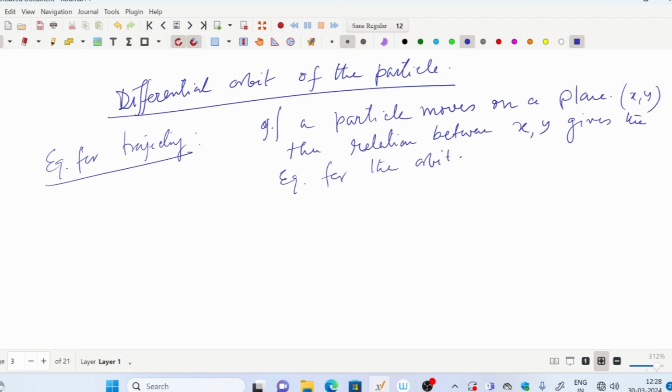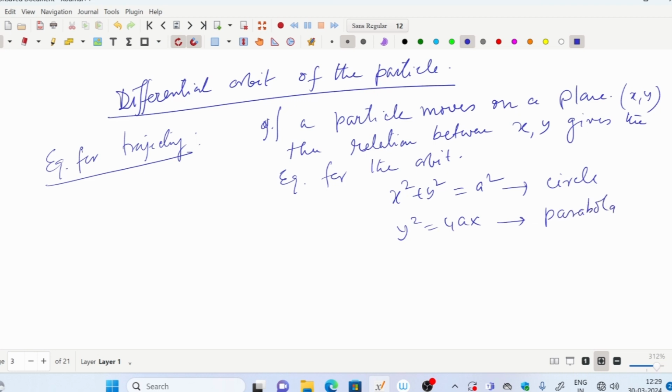For example, if I have x square plus y square equal to a square, we will say that the particle moves in a circle. If I have y square equal to 4ax, then we can say it is a parabola.